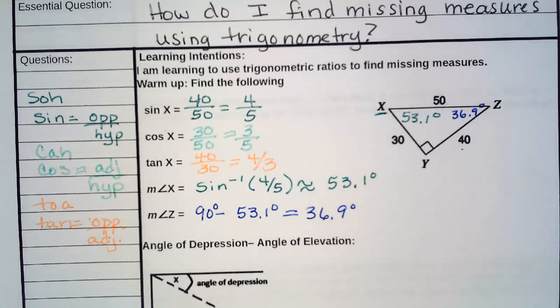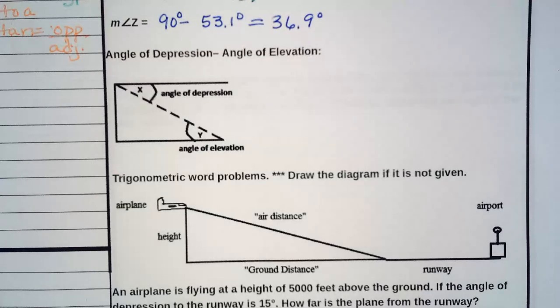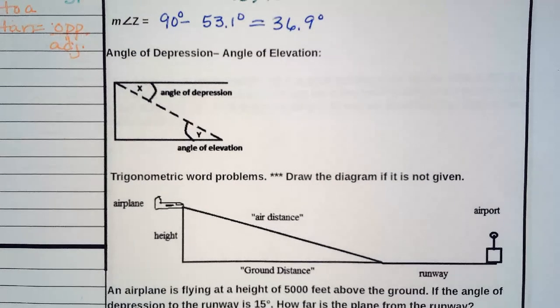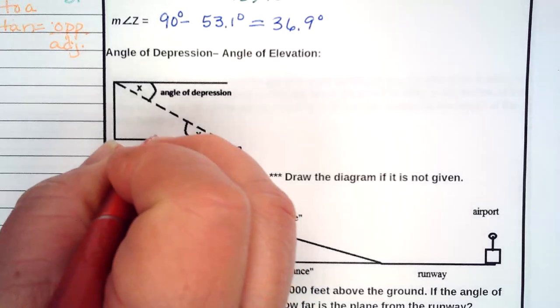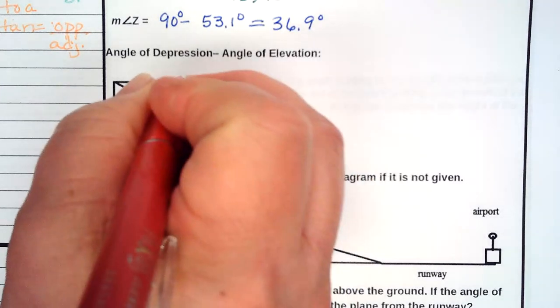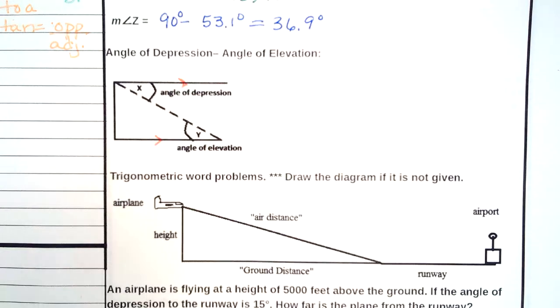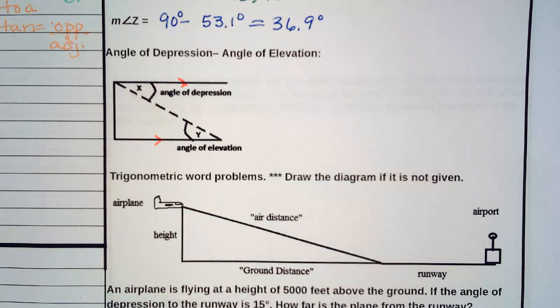Today we are looking specifically at word problems. So if you're looking at the angle of depression and angle of elevation, what do you notice? We know that these two lines are parallel. We've got parallel lines cut by a transversal. What do we know about angle X and angle Y?